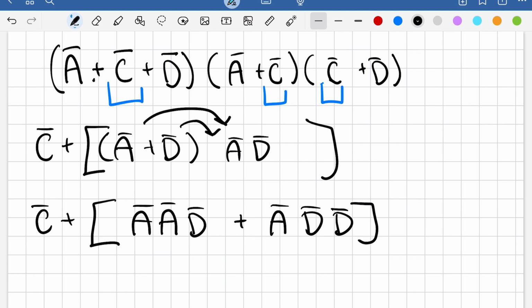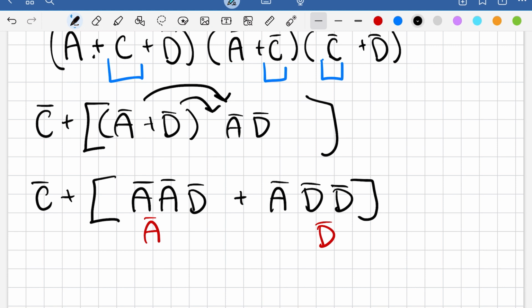Now, when we see this, a prime, it's just a prime. Same thing for this one. D prime, it's just d prime. Because if d prime is 1, 1 times 1 is always 1. 0 times 0 is 0.